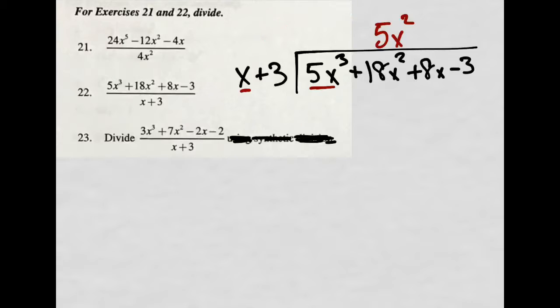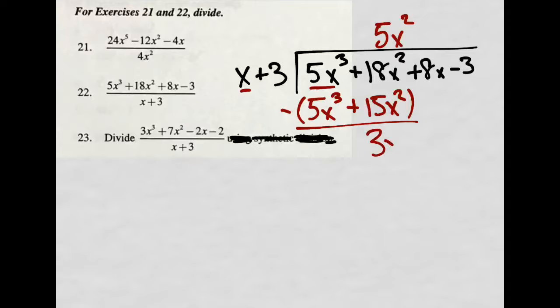So 5x squared times x, 5x cubed, that's got to match. It does, so we're good. 5x squared times 3 is 15x squared, and then the whole thing gets subtracted. So 5 minus 5 cancels. 18 minus 15 is 3x squared. Drop the next piece down, plus 8x.